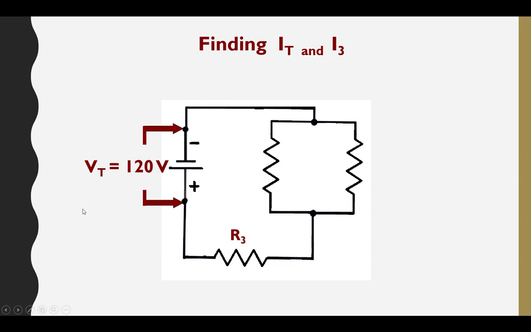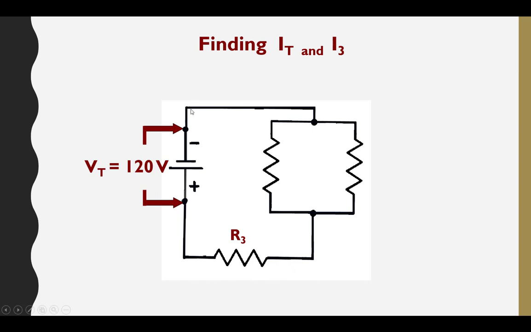Finding currents. All right, what do we have here? What's provided? I have 120 volts. I want to find out the total current, and I want to find out I3, this current. Well, I know this. If I have a certain amount of current that's leaving the source, my total current, and it's coming back this way, it had to flow through this.